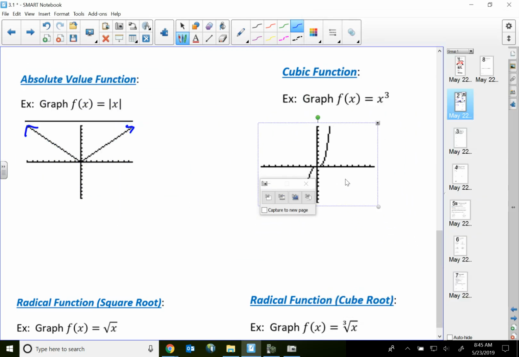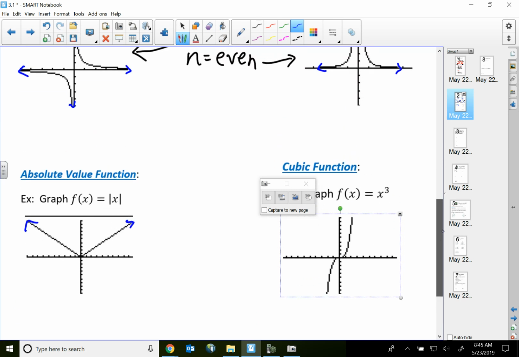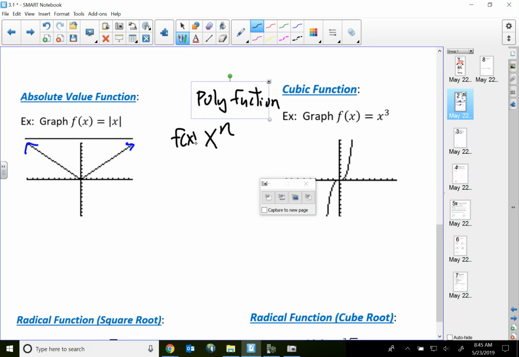So this x to the 3rd power is a polynomial function. So if I ever have a polynomial function where f of x equals x to the n power, it is considered a polynomial function.